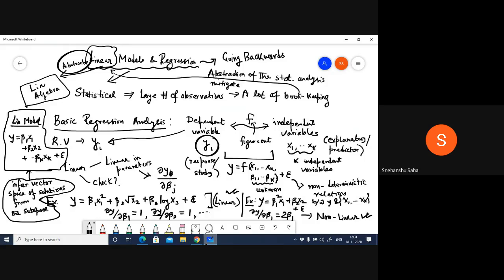Because what you are claiming is that my model is good for this particular set of data points, which is the data points from x1 to xk, right? And now I have a larger set of data points x1 to xk, xk plus 1, and so on, all the way up to xn, where n is much, much larger than k. So what I'm trying to do is project a vector from the solution space which might contain x1 through xn to a solution space which only contains x1 through xk.